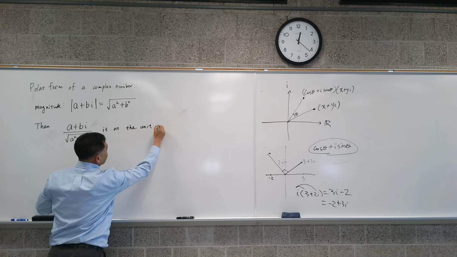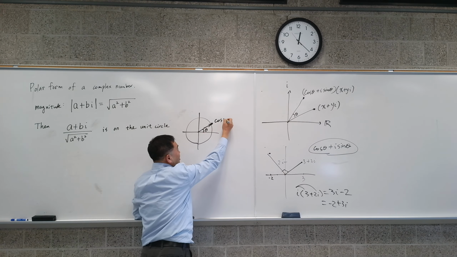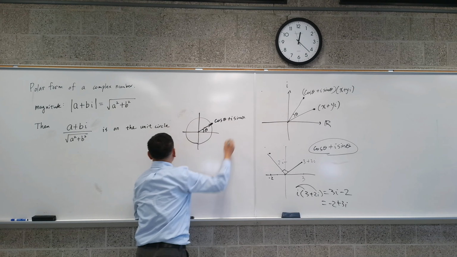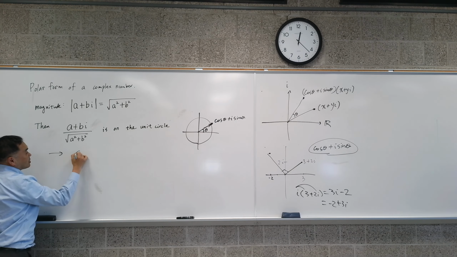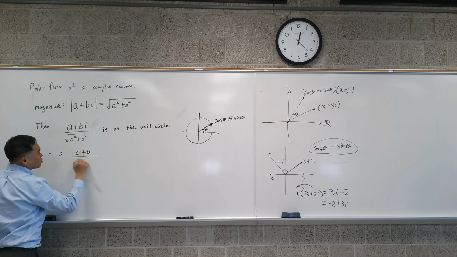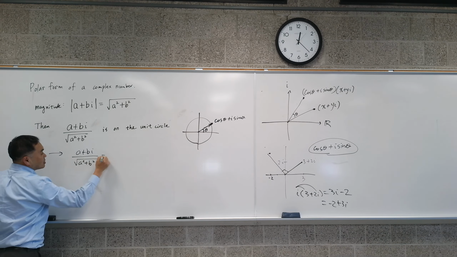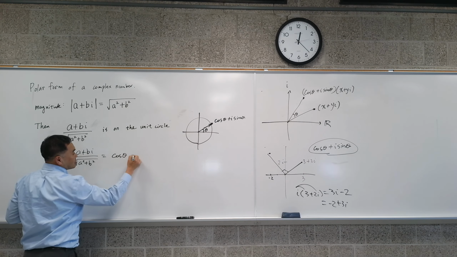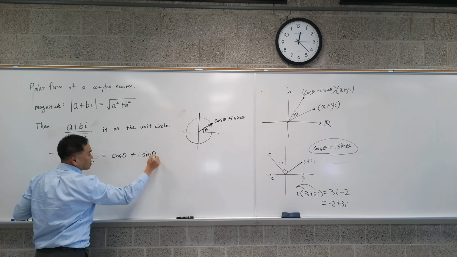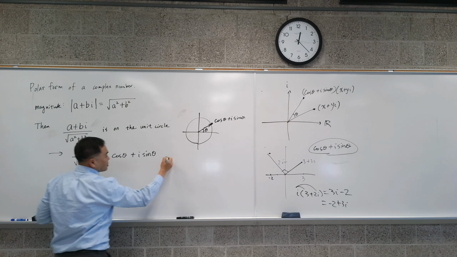Now, if any number belongs to the unit circle, then there's an angle theta from the positive x direction, right? And that can be written as cosine theta plus i sine theta. So if it's in the unit circle, then you can say that a plus bi over square root of a squared plus b squared is equal to cosine theta plus i sine theta for some angle theta.